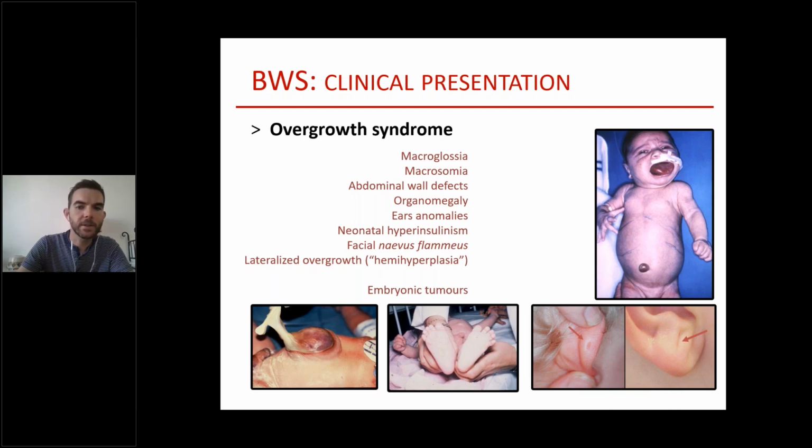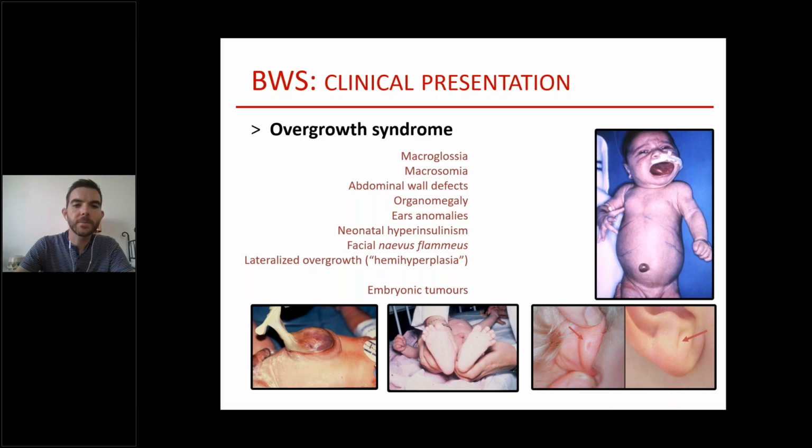But after that, some other clinical symptoms have been added in the description of this syndrome, which are organomegaly, ears anomalies, neonatal hypoglycemia because of an excess secretion of insulin, the facial nevus flammeus, and the lateralized overgrowth, which was called before hemihyperplasia.